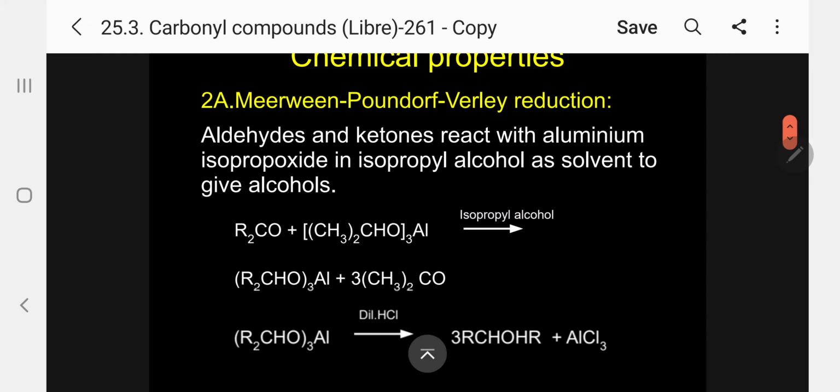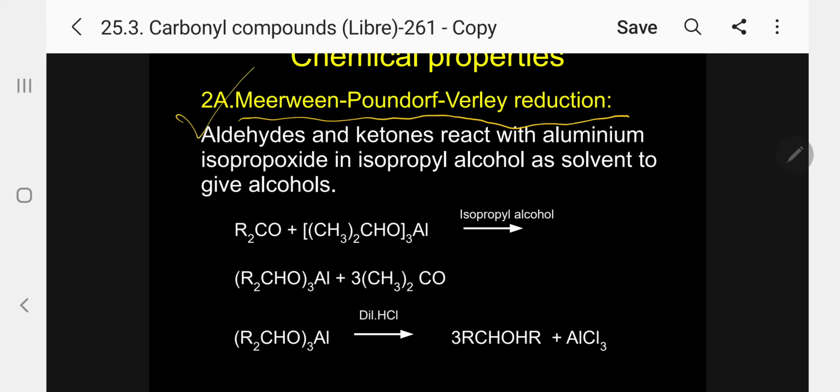Here it is my duty to inform you of one famous name reaction, Meerwein-Ponndorf-Verley reduction. This is a famous reaction. Aldehydes and ketones react with aluminum isopropoxide. Kindly follow, this is the general aldehyde or ketone.